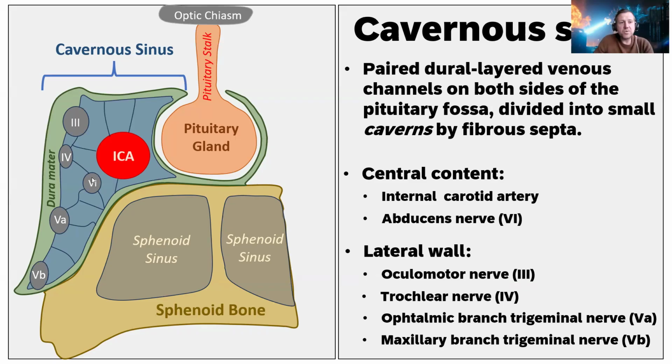Now, because the abducens nerve is the only cranial nerve in the cavernous sinus that is not located in the rigid dural wall, this cranial nerve is most susceptible to becoming damaged when a process involves the cavernous sinus. The other cranial nerves are relatively protected by being located in the lateral wall. That doesn't mean they can't become damaged, but the abducens nerve is generally the first cranial nerve to become symptomatic when a process involves the cavernous sinus.